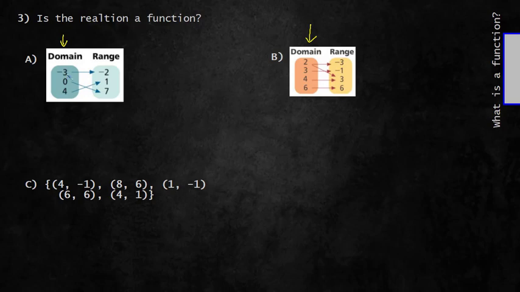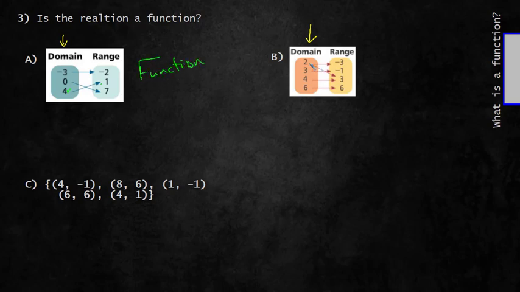So let's look at these first 2. 3 is only being used once, so that one checked out. 0 is only being used once, so that one checked out. And 4 is only being used once, because there's only one arrow leaving. So this relation is a function.